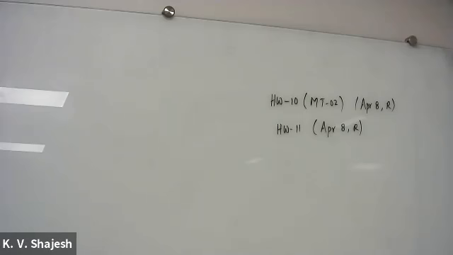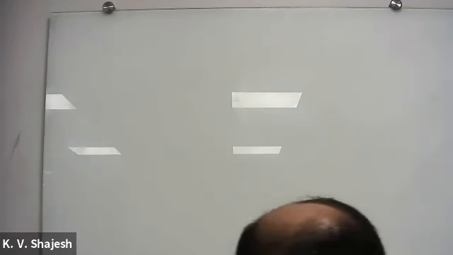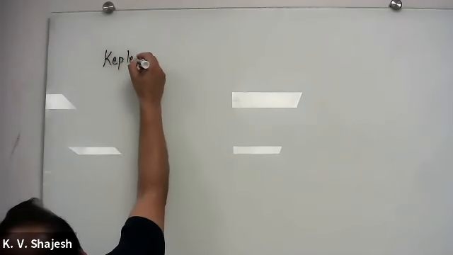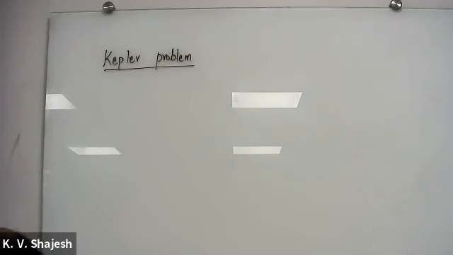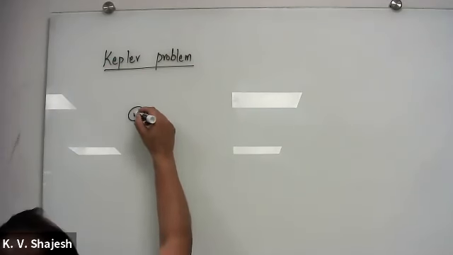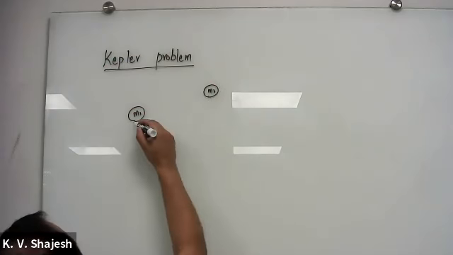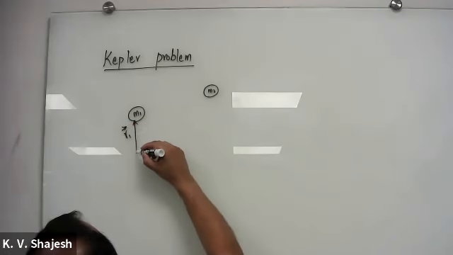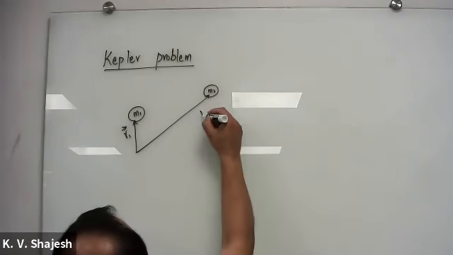Okay. So we were talking about the Kepler problem, right? What we have here is a mass m1, and there is another mass m2. In some coordinate system, the position of m1 is r1 and the position of m2 is r2.